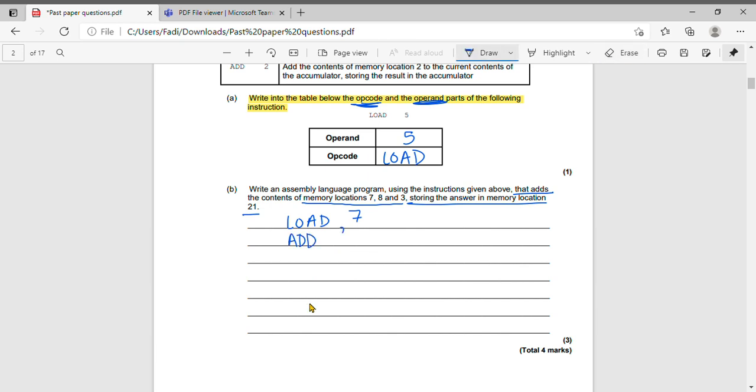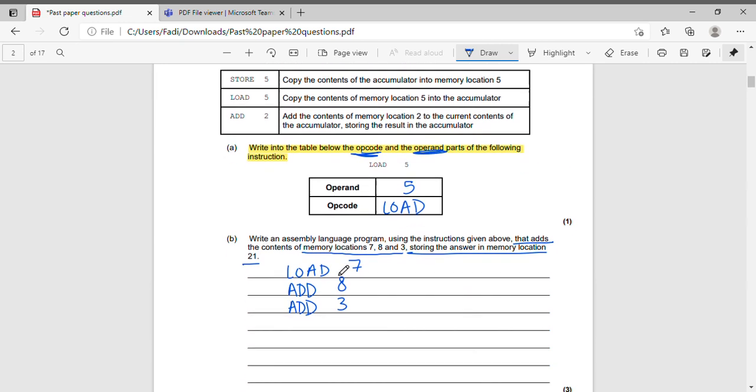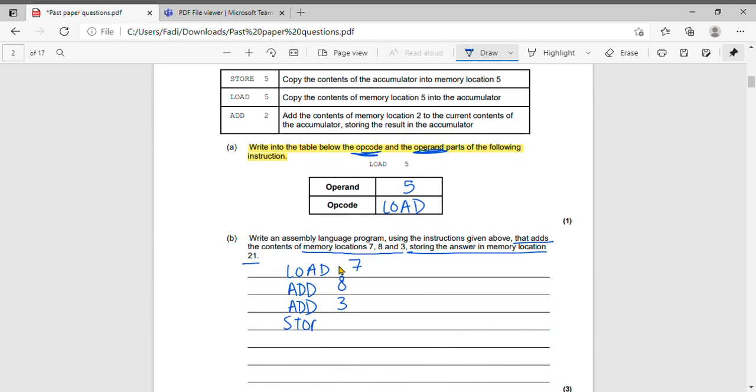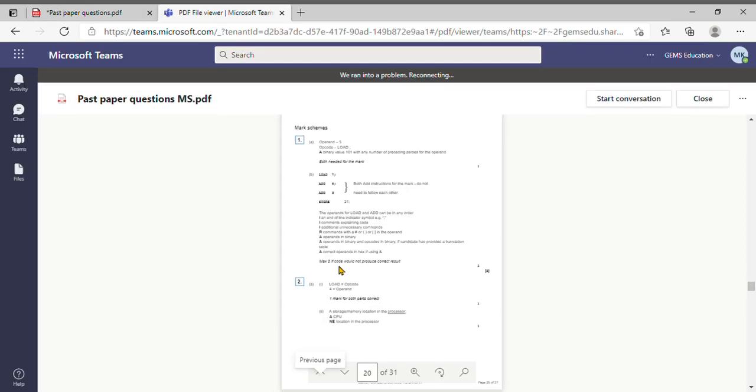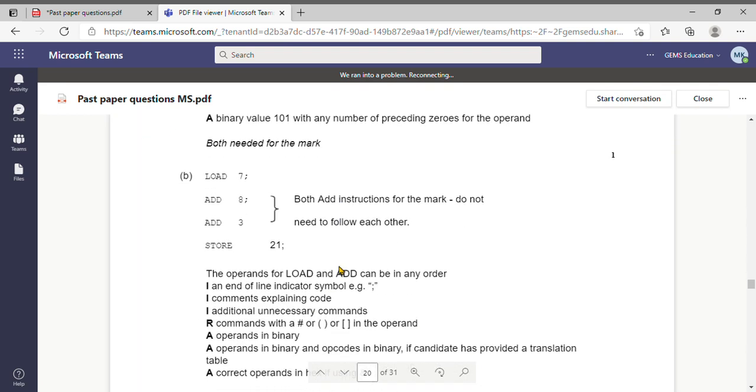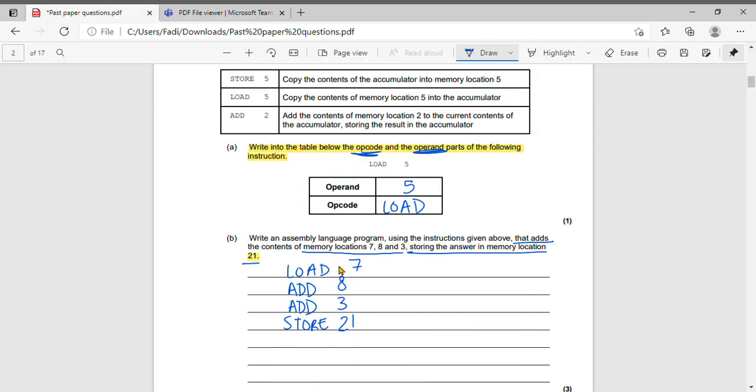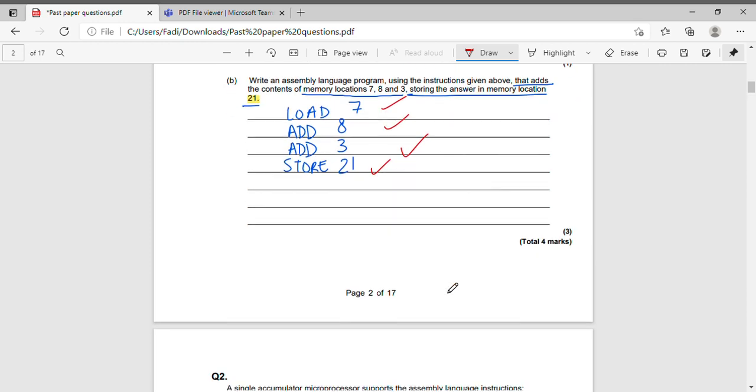Add 8, add 3, and store in memory location 21. Yeah, so let's see if that's the correct answer. So load 7, add 8, add 3, and store 21. Excellent. So this is all correct. And so is this. So let's move on.